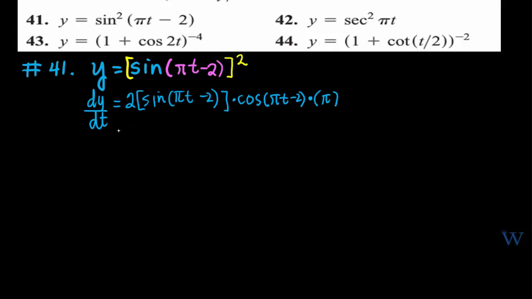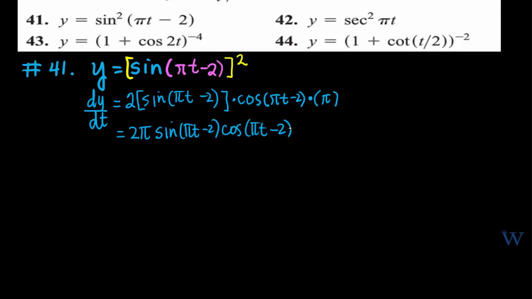I hope you're getting the hang of it now. So let's rewrite everything so that we can see how it looks. It's 2 pi, I'm just putting all the constant coefficients in the front, times sine of pi t minus 2, multiplied by the cosine of pi t minus 2.